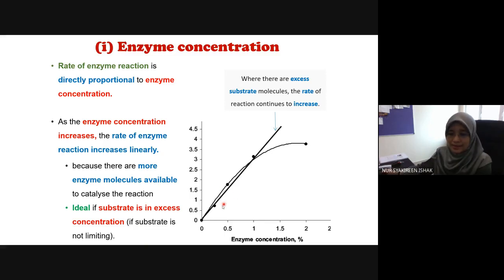But the next graph here, the one that reaches its maximum rate, is when the substrate is the limiting factor. You have a certain amount of substrate for the enzyme to catalyze the reaction. So if you keep on adding enzyme to the reaction but you have a limited amount of substrate, at some point the reaction will reach its maximum rate because there is no more substrate for the enzyme to catalyze the reaction.